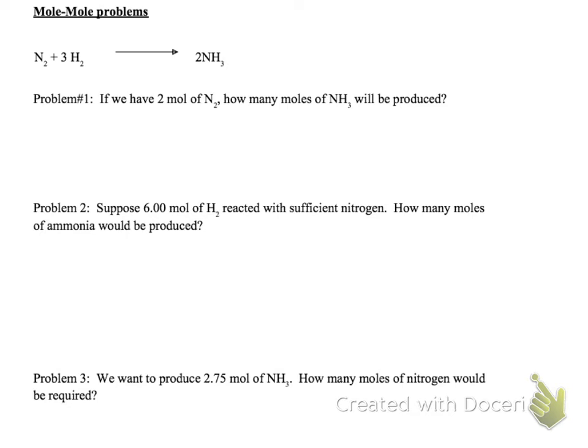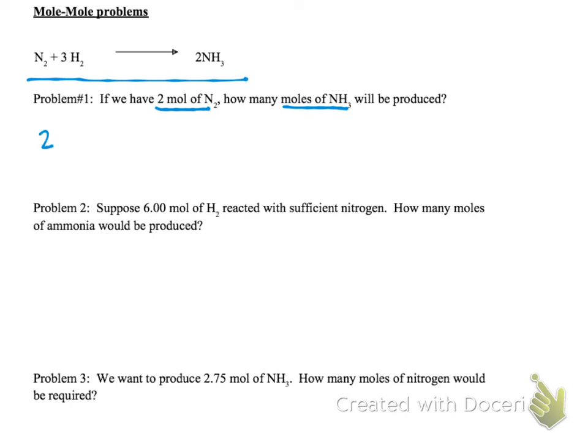So using stoichiometry to solve problems, we're going to be using our conversions again. So these are mole-to-mole problems. First step, again, is to make sure that your equation is balanced. And if you double check that, that is balanced. And so the problem is saying if we have 2 moles of N2, how many moles of NH3 will be produced? So with your conversions, you start by writing what you're given.